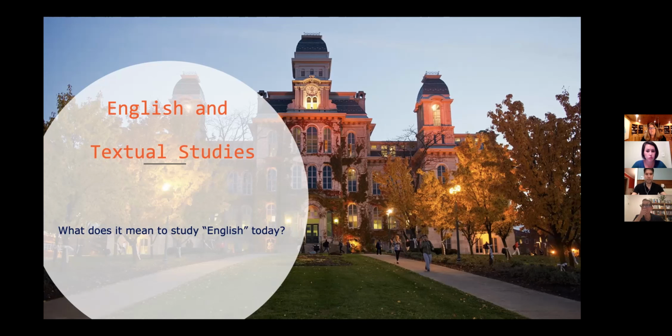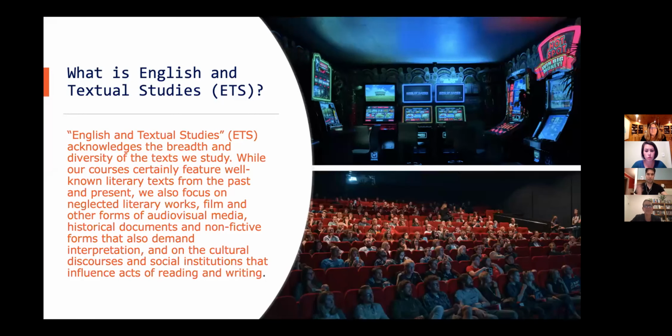So we are very much side by side the literary folks in the department, and I'm happy to talk a little bit more about the particular emphases in film and screen studies, the classes that we teach, and the other people that I work with more closely who teach film and media. But I don't know if Corinne wants to go through the slides first. Yeah, let me go ahead.